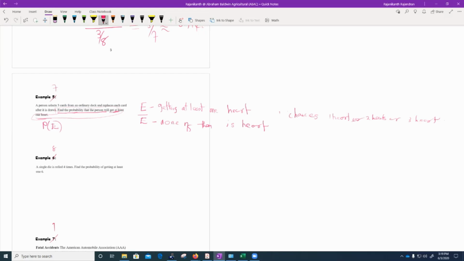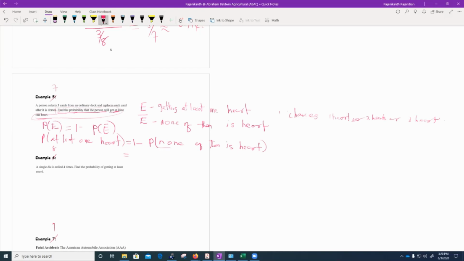So I'm using the complement formula we already have: the probability of E is given by 1 minus the probability of E bar. What is E here? E is getting at least one heart. So the probability of getting at least one heart is nothing but 1 minus the probability of E bar. E bar is none of them, none of them is a heart.